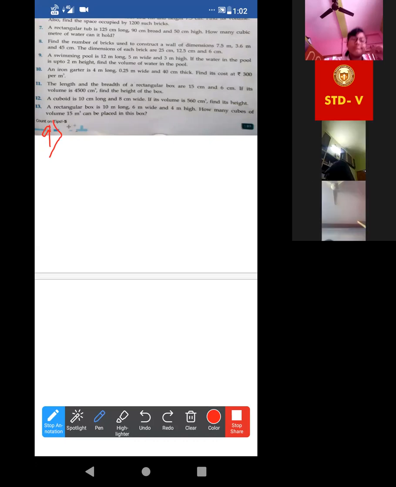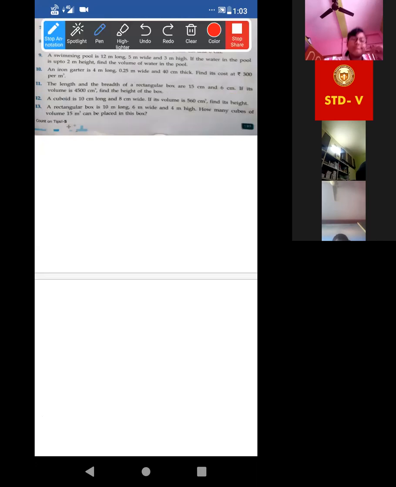A swimming pool is of 12 meter long, 5 meter wide, and 3 meter high. If the water in this one is very much important. Give a star mark, number 9. Look at this. Suppose this one is the swimming pool.